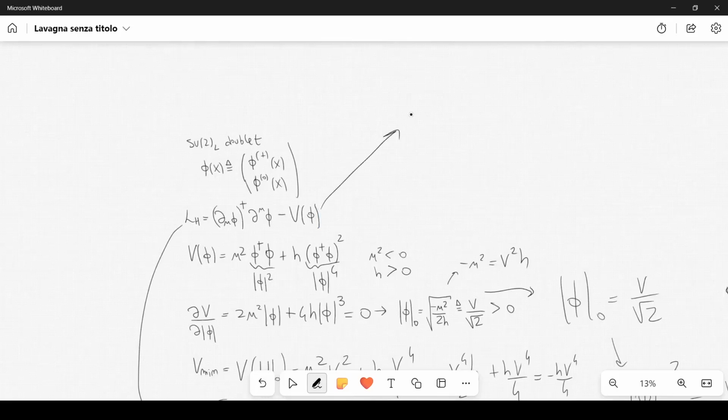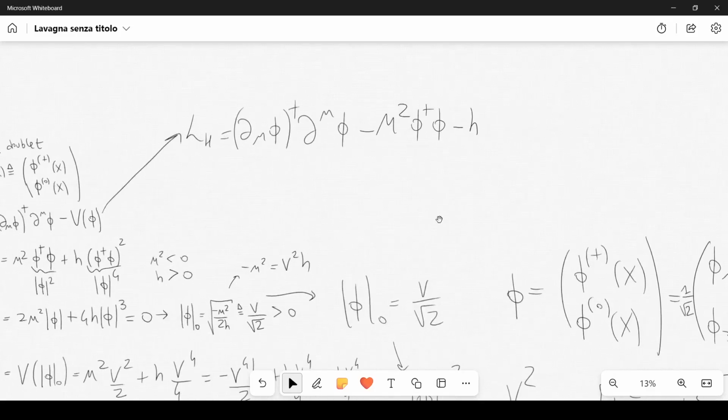Let me do some manipulations. L_H is equal to ∂_μ φ† ∂^μ φ − V(φ), which is this expression here, so it is minus μ squared φ†φ minus λ (φ†φ) all squared.